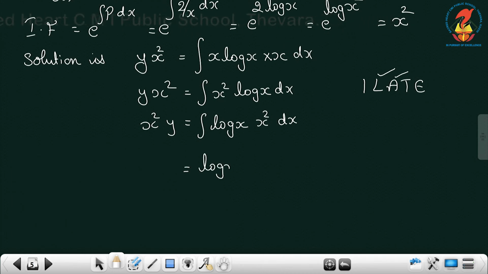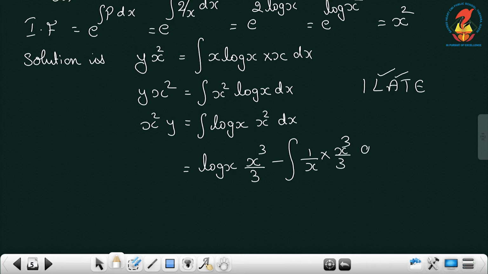First function into integral of second, x cube by 3, minus integral of derivative of first function, that is 1 by x, into integral of second. 1 by x we can cancel. So 1 by 3 take out, x cancels. So it is x square.